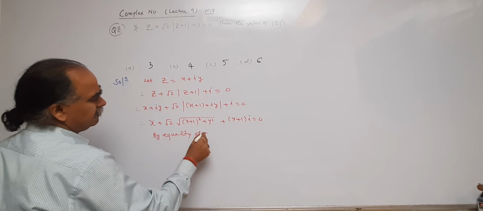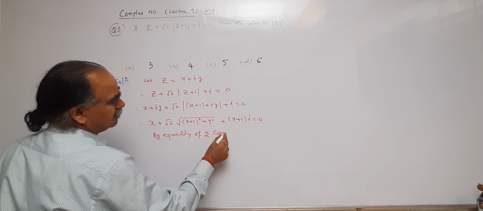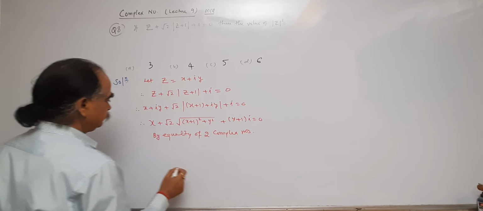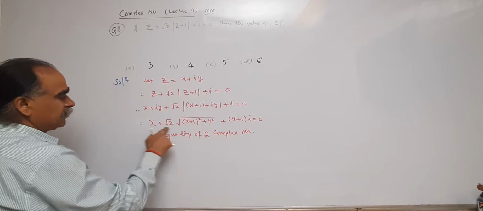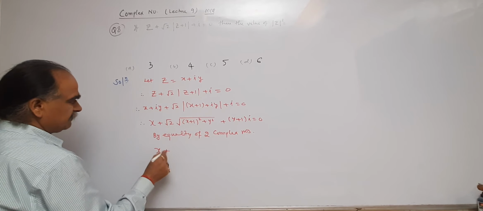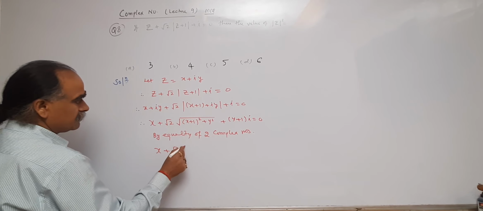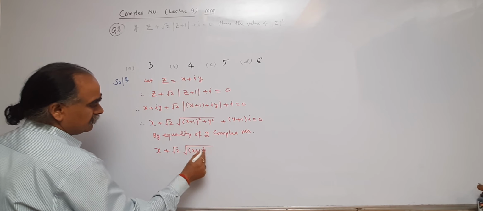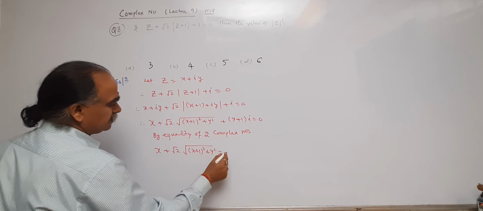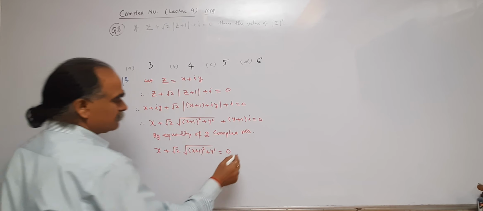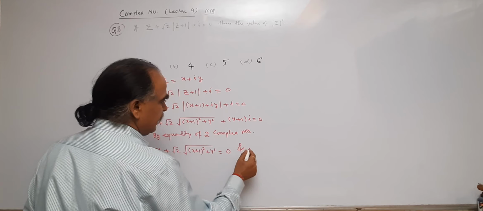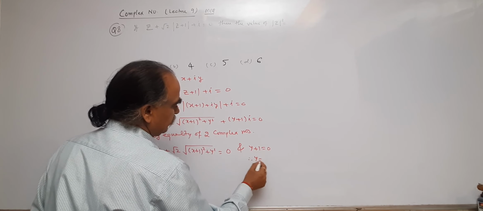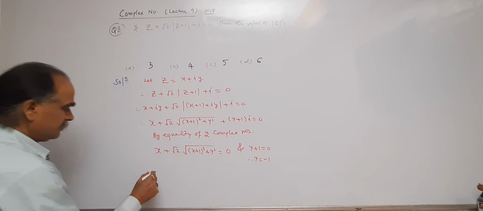By equality of two complex numbers, this is purely real. So x plus root 2 into root of (x plus 1) square plus y square is 0, and y plus 1 is 0. So y will be minus 1. Replace here y.